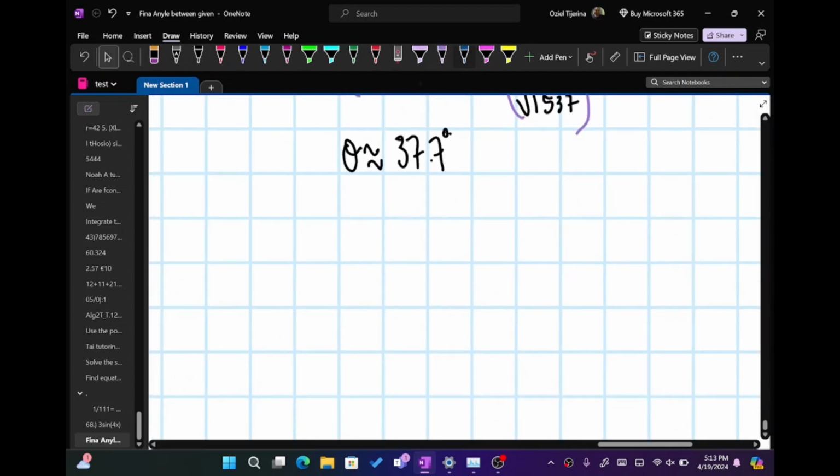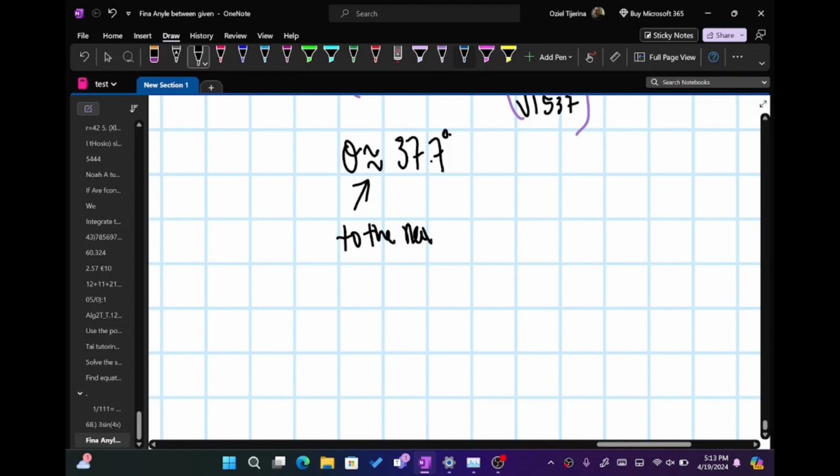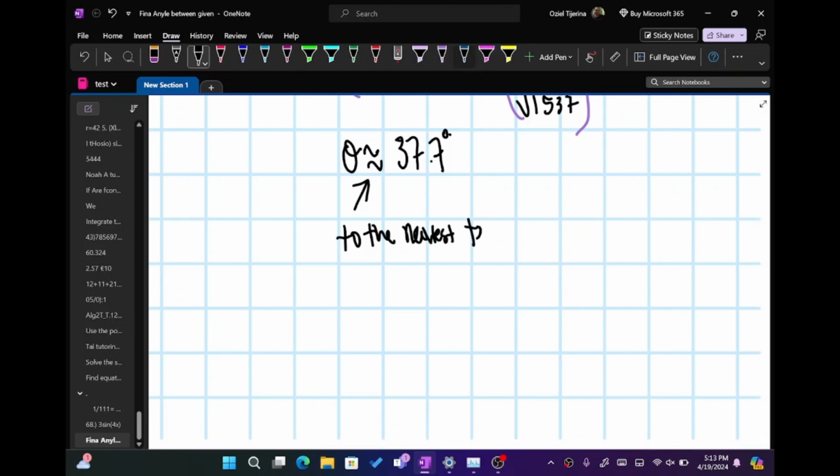If you want to round it to the nearest tenth. If y'all want the nearest hundredth, theta is approximately 37.75 degrees. So this is to the nearest hundredth.